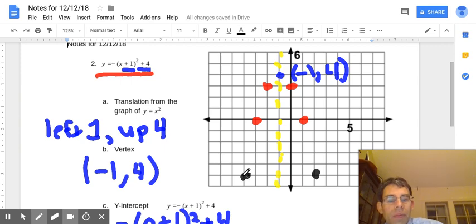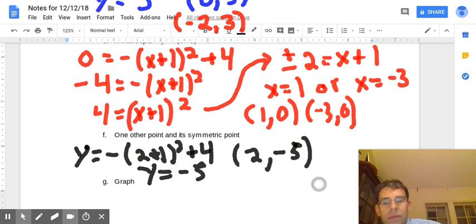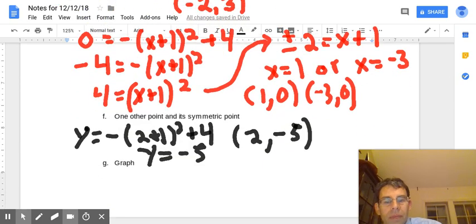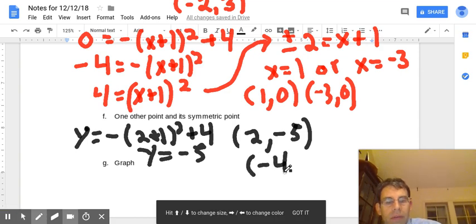And then that point would be (negative 4, negative 5). Let's go back down to the bottom and write that in too. So (negative 4, negative 5).